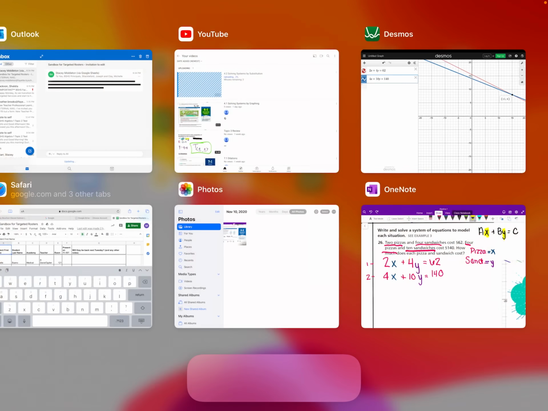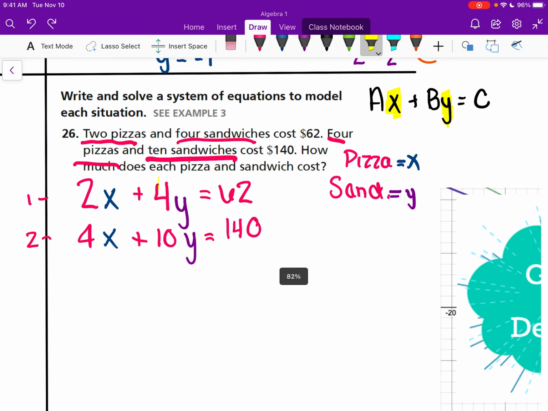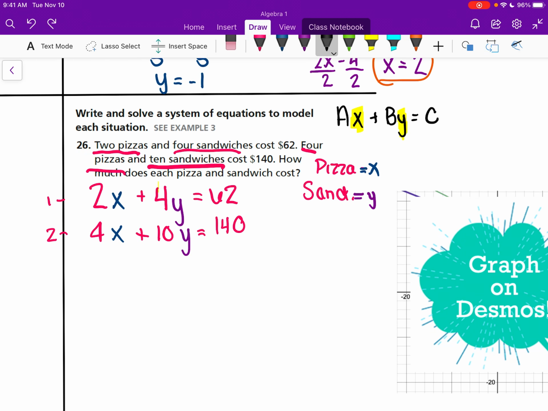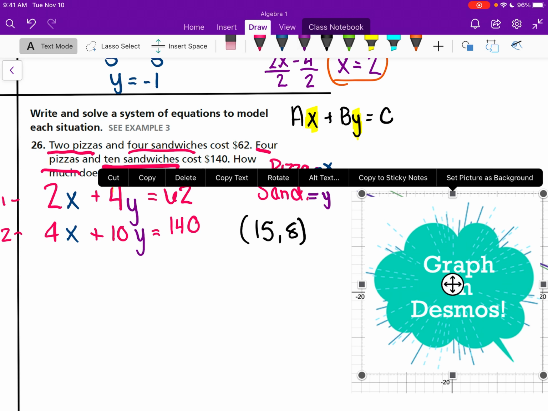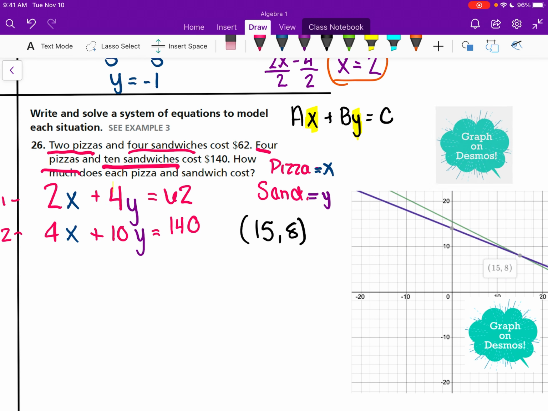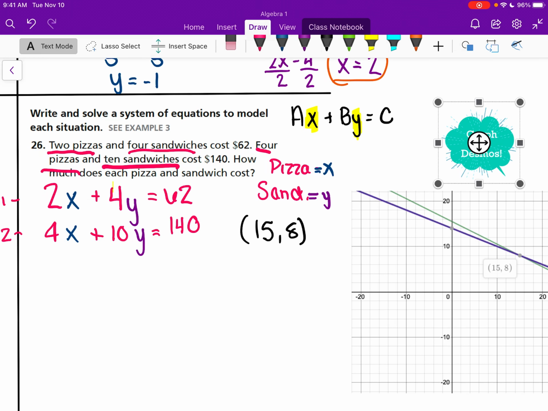So let's come back to our notes, and we just found that our intersection point is at 15, 8. Well, what does that mean for us? We graphed it on Desmos. It looks like this. Our intersection point is at 15, 8. Well, let's remember that an ordered pair is x, y.